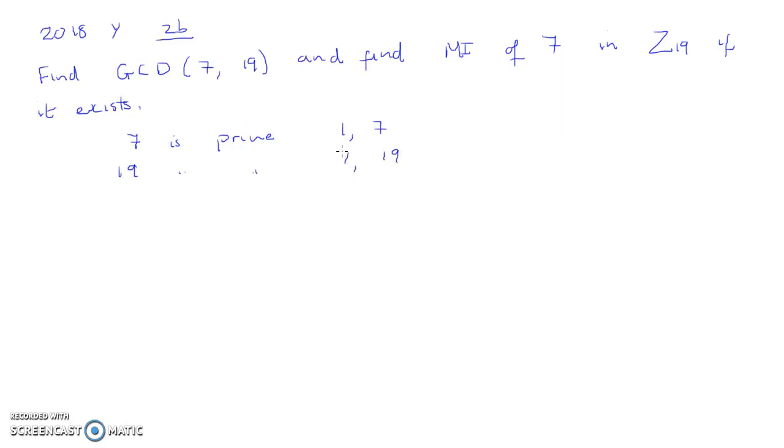That means the only common divisor they both have is 1. So the greatest common divisor of 7 and 19 is equal to 1. Now when you have two numbers, they don't necessarily have to be prime, but if their greatest common divisor is 1, that means they're prime to each other. So those two numbers are considered to be relatively prime.